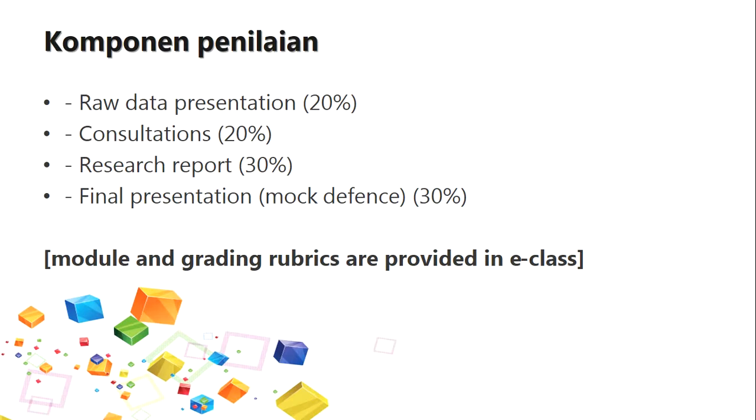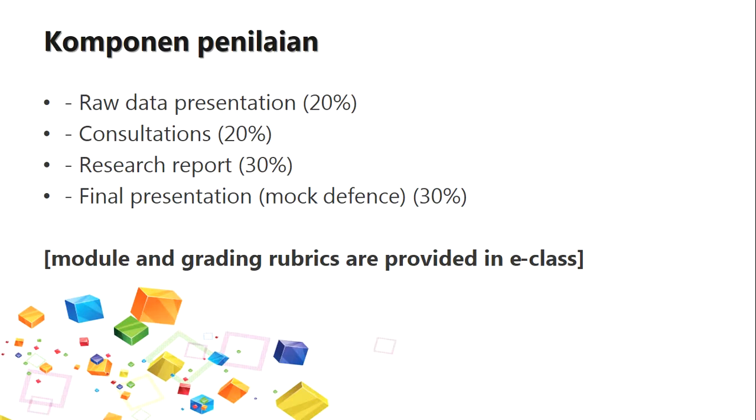Okay, here we can see the component penilaian or assessment criteria. Here we can see the first one is raw data presentation, that is 20%. In this presentation, you will need to present how you collect your data, the data that you have gathered, even though it's not analyzed fully.